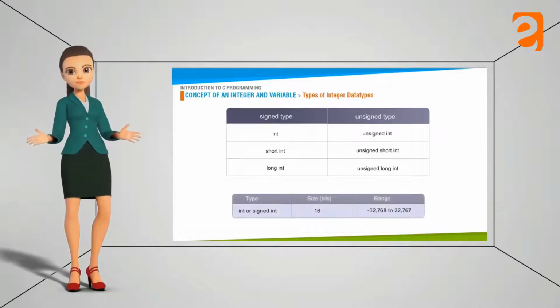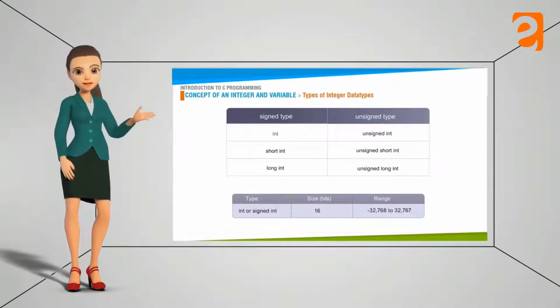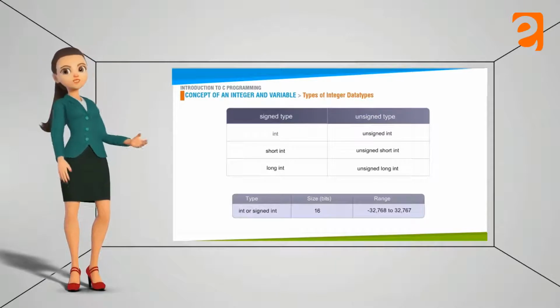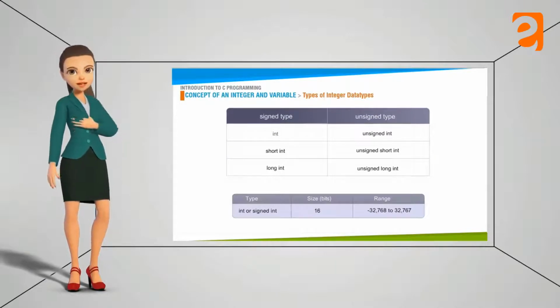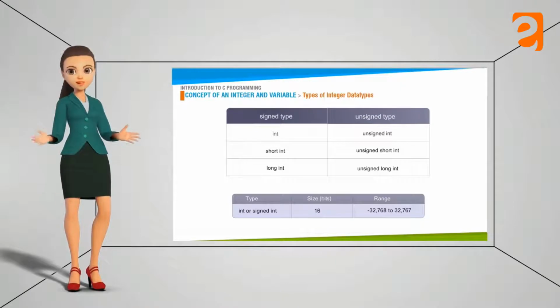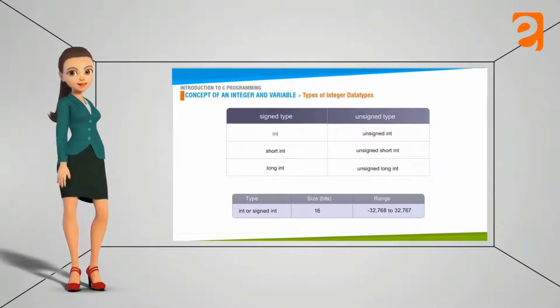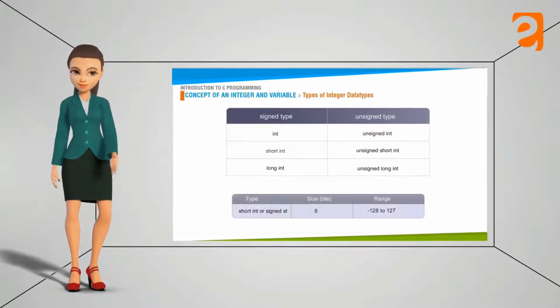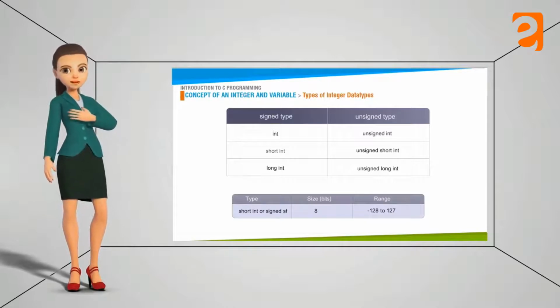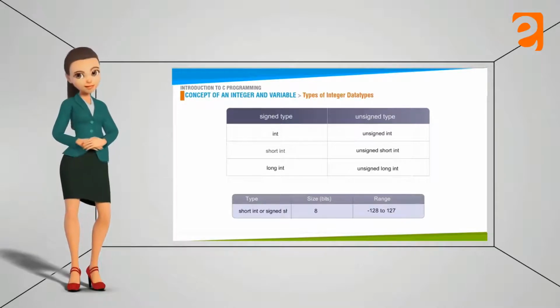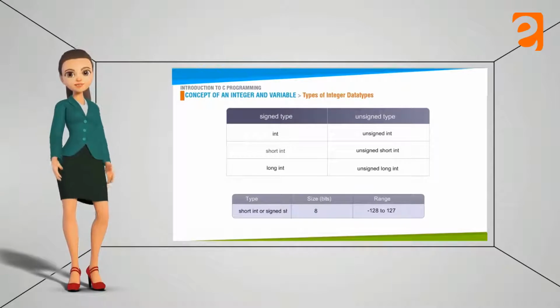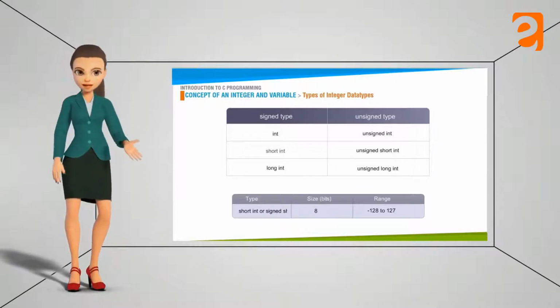The int or signed int is of 16 bits size and its range varies from -32,768 to 32,767. The short int or signed short int is of 8 bits and ranges from -128 to 127.